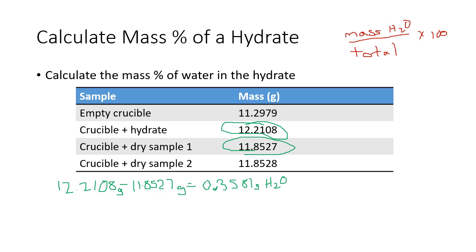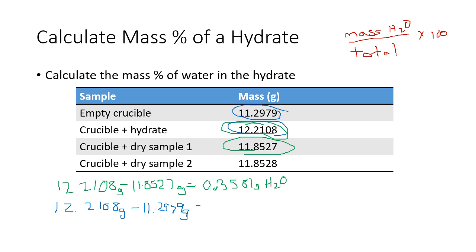All right, now we got the water. How do we find the mass of the total? What's that crucible got going on? We're going to take this one and subtract that one, right? So 12.2108 grams, that's where we start again, minus, in this case, 11.2979 grams.